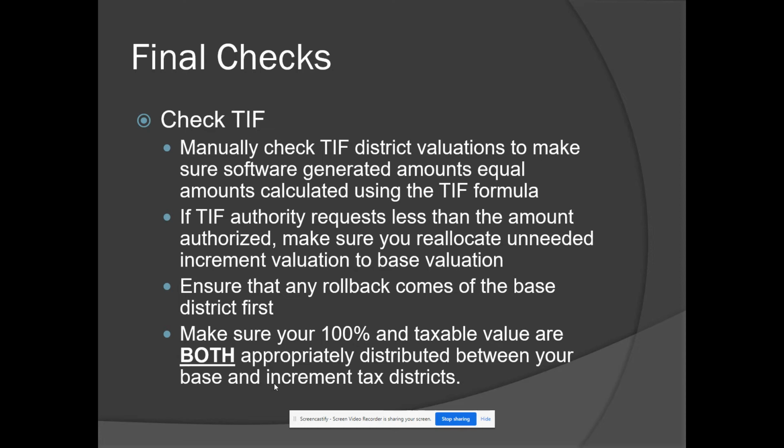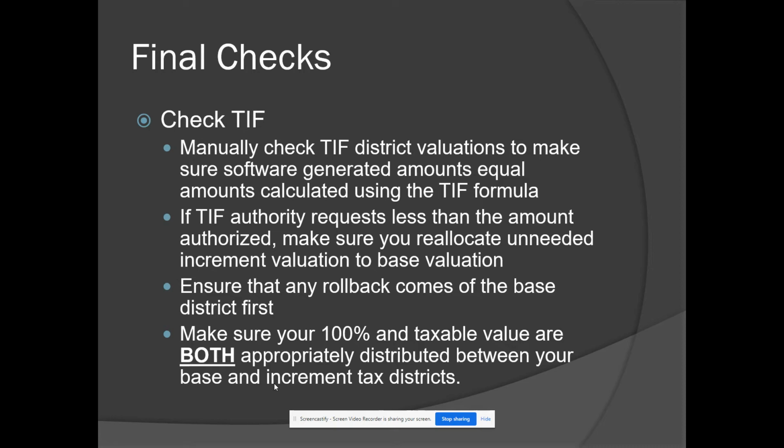Be sure to check your TIFs. Manually check the TIF district valuations to make sure that the software generated amounts equal the amounts calculated using the TIF formula that we talked about in an earlier session regarding TIF specifically. If the TIF authority requests less than the amount authorized, make sure that you reallocate unneeded increment value back to the base valuation.